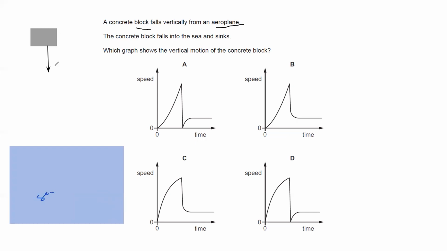So first, whenever an object is falling, because it's a normal case, they mention a concrete block is dropped vertically from the airplane, so there will be air resistance. So when there is air resistance, the acceleration should decrease.